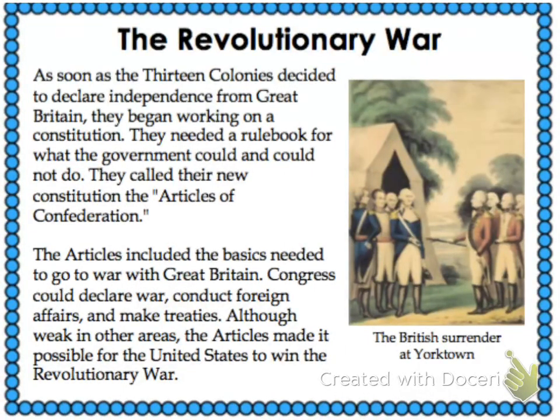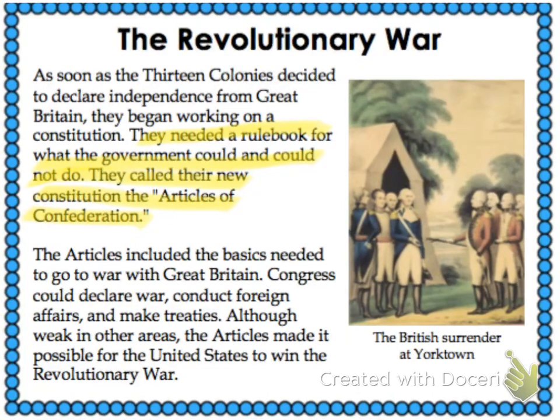They needed a rule book for what the government could and could not do. They called their new constitution the Articles of Confederation. So we need to highlight that. We probably already knew this, but let's highlight that they needed a rule book for what they could and could not do, and called it the Articles of Confederation.